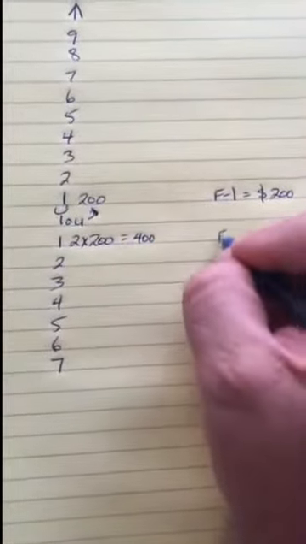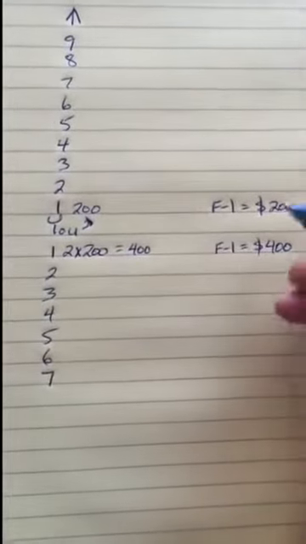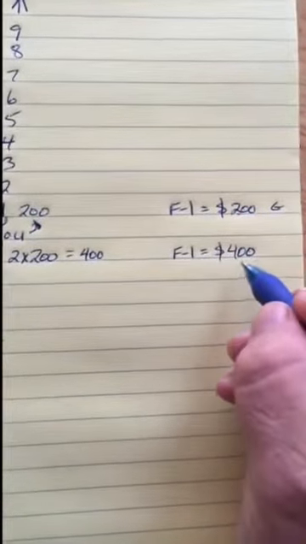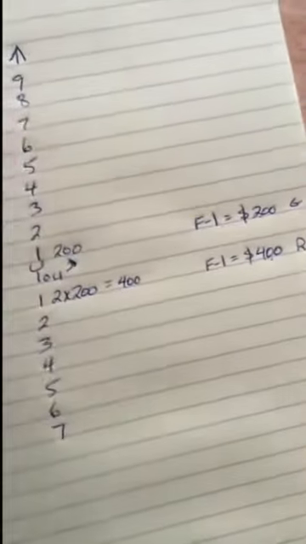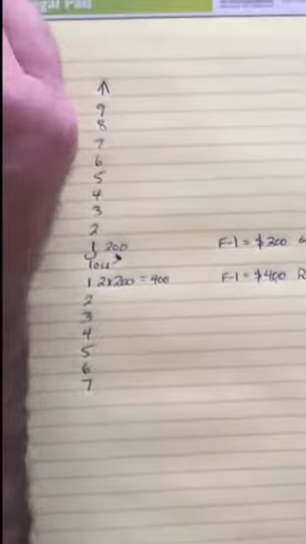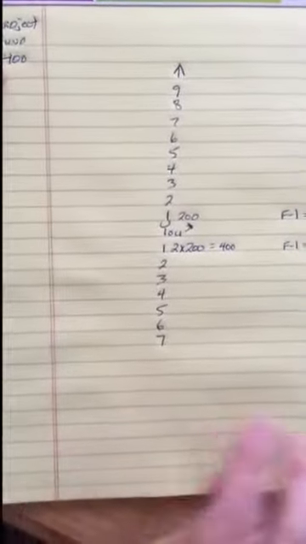So over here we put floor 1 equals 400. Notice you gave 200 over here in order to receive 400 here. Over here we're going to put project fund, and we're going to put $400 in your project fund.